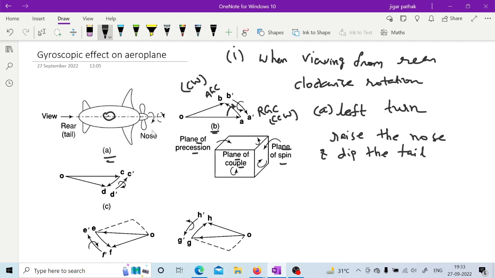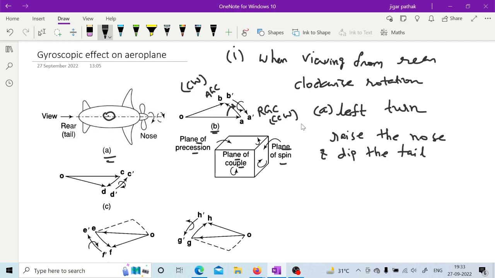So here you have a rotating element in your aeroplane which has clockwise motion when viewed from the rear, right? Based on that, this figure B is our case 1A.